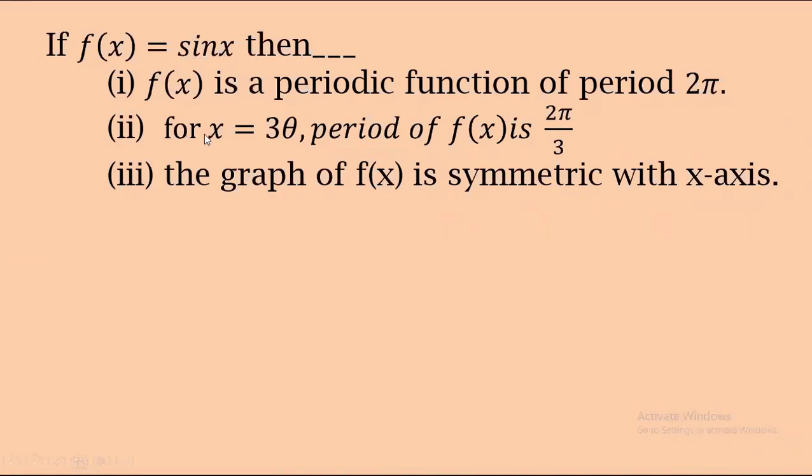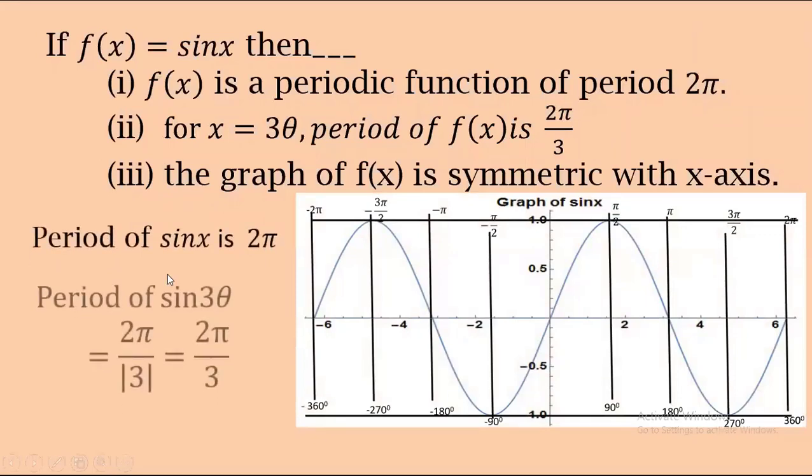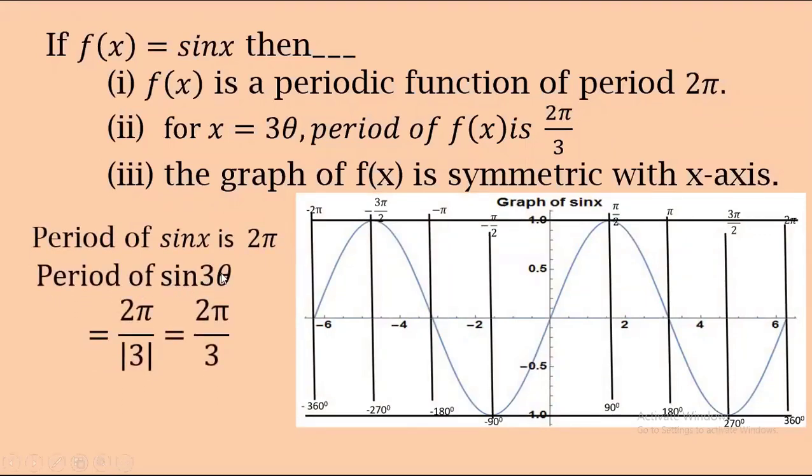Okay, then for x equal to 3 theta, the period of f of x is 2 pi by 3. You see, if we put x equal to 3 theta, then we get f of x equal to sine 3 theta. And for sine 3 theta, the period is 2 pi by 3.